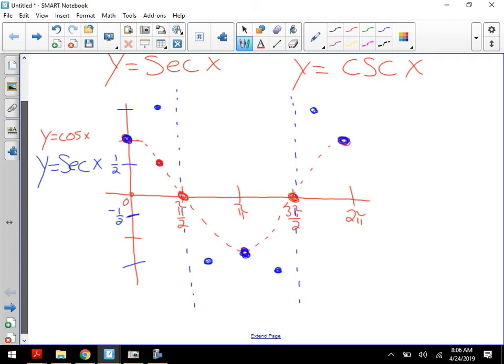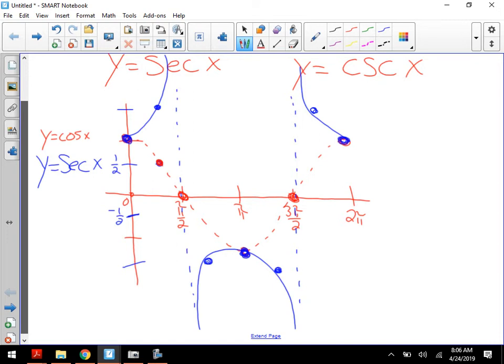Okay? You get curves that look like this. The blue line becomes the generic graph of a secant trig function.